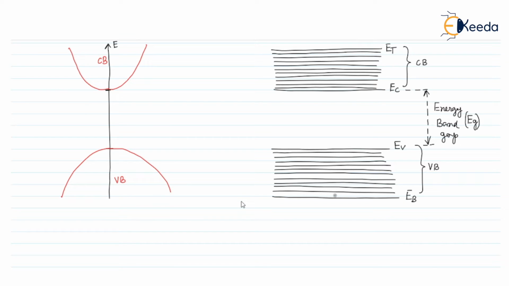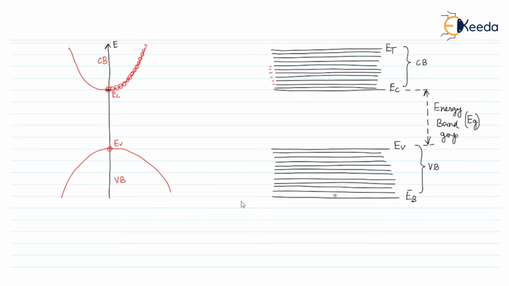Now these discrete energy states: this is the minimum energy level of the conduction band, EC, and this is the maximum energy level of the valence band, EV. All these discrete energy levels will be denoted by these small circles that I am drawing in the E-k diagram.